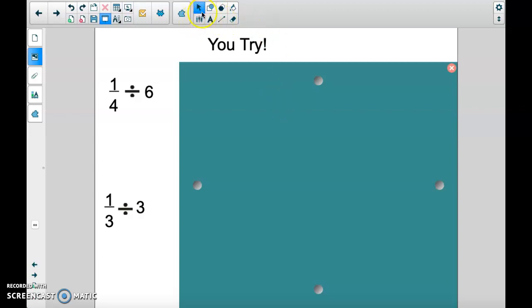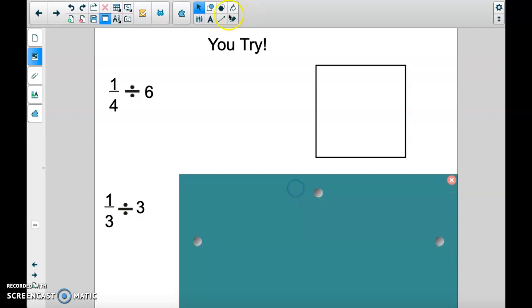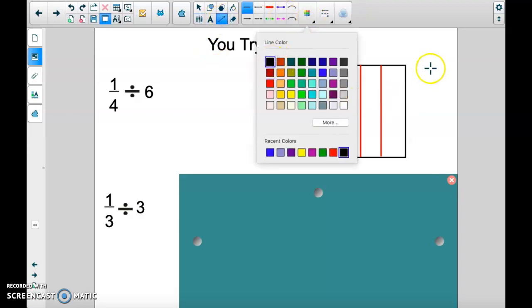So 1/4 divided by 6. How much am I starting with? I'm starting out with 1/4. So I need to draw that out. So here's my fourths, right? Here is this 1/4. Now I need to split it into sixths.